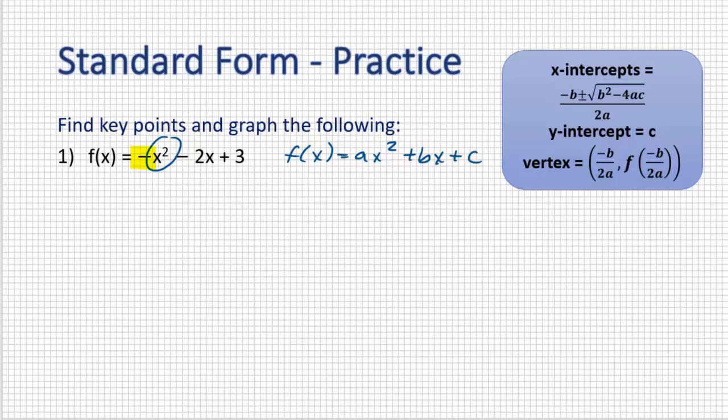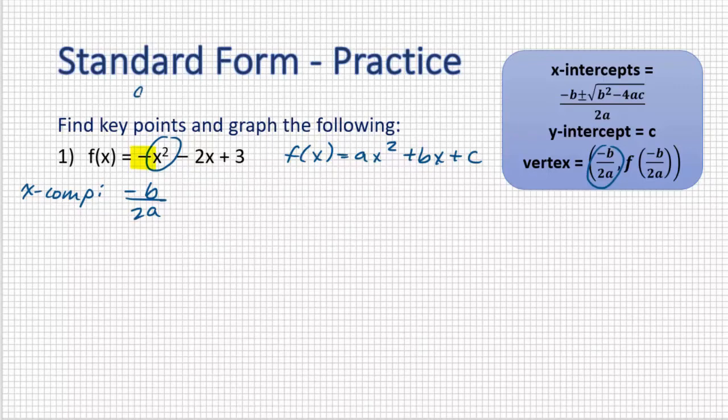All right, let's get started with finding the vertex. We find the x component of the vertex by evaluating negative b over 2a. You'll see that in our cheat sheet over here.